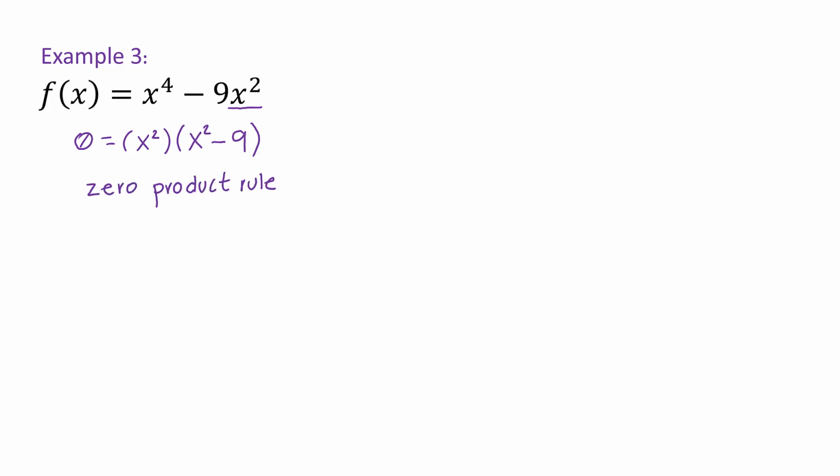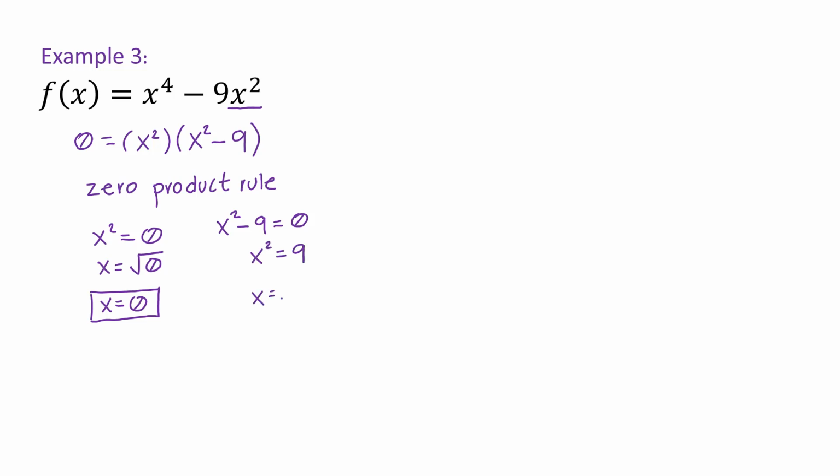We equalize to 0 the first term, x squared equals 0. And well, we know that x is going to be 0, but I'm going to write that x equals the square root of 0, and that would give us 0, which is our first 0 of the function. And I do the same with the second term. X squared minus 9 is 0. I clear, and we get that x squared is 9.